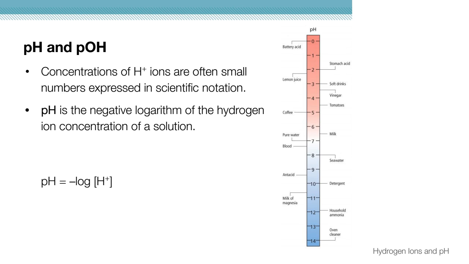So using that, they find the log of that amount of hydrogen ions, and that gives them a value. That pH value then goes on the table, and they use it to determine if something is more acidic or basic. The scale goes from 0 to 14. The closer to 0, the more acidic; the closer to 14, the more basic; and 7 in the middle is exactly neutral, and that is pure water.